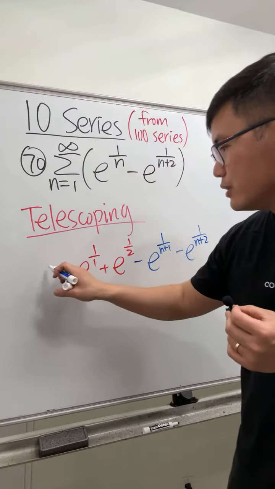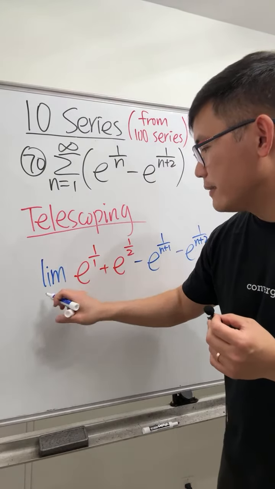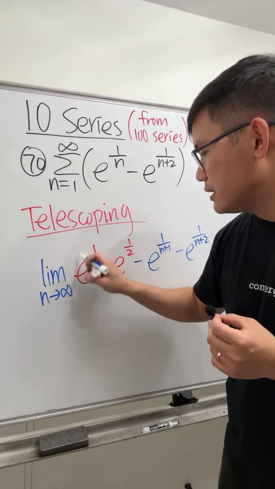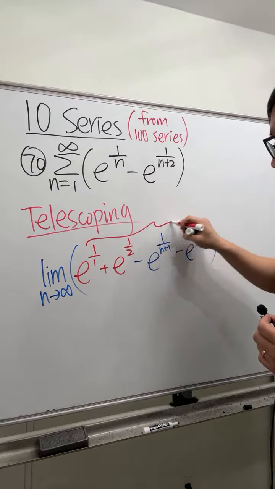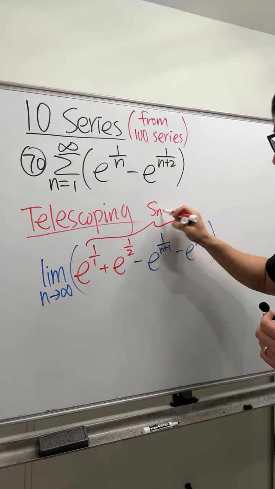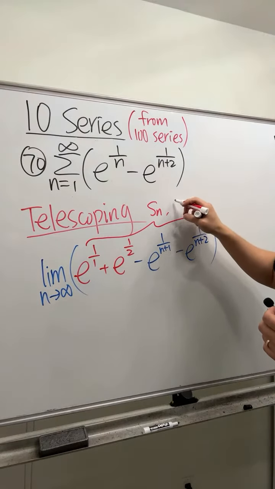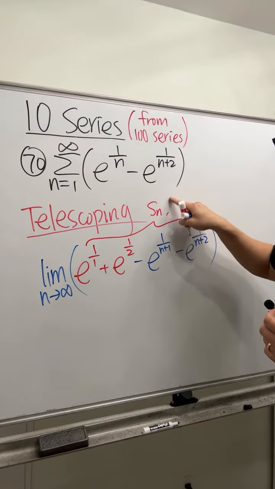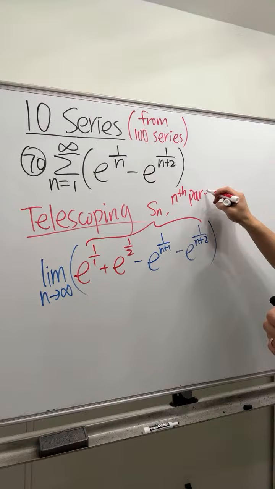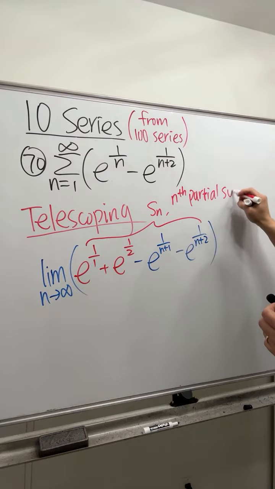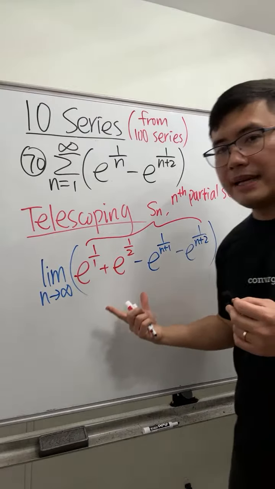And then we can just compute the limit as n goes to infinity of this. Then that's a fast way to do it.